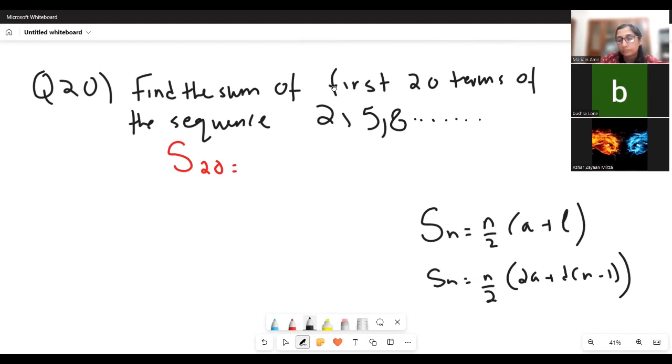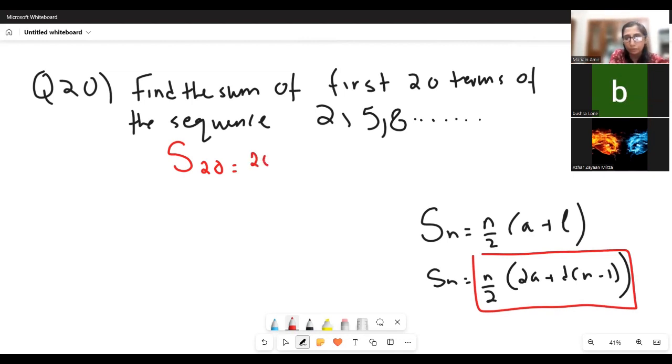Miss, the second one, because the last term isn't given; if it were, we'd use the first. Apply the values: S20 equals n/2, n is 20.